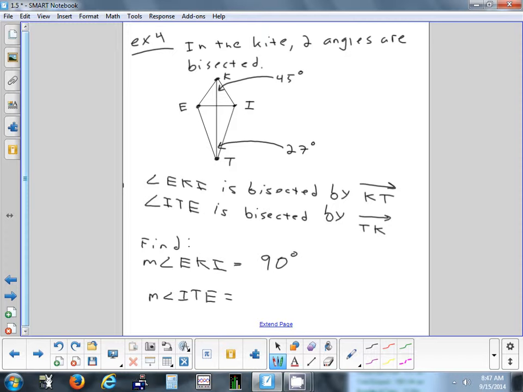We know half of this angle is 27, so the other half is also 27, and it's 54. If they didn't tell us that that angle was bisected, we couldn't do it that way. Any questions on that? So everyone understands the relationship when you bisect an angle.